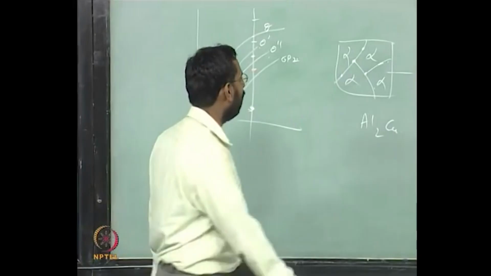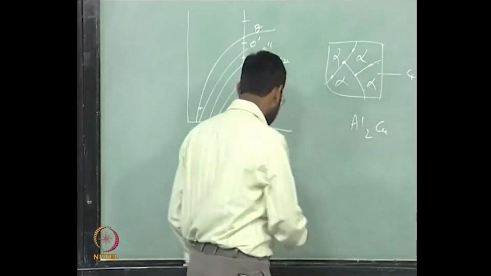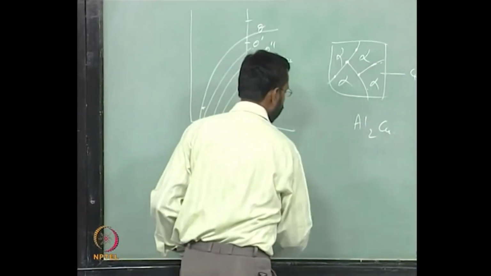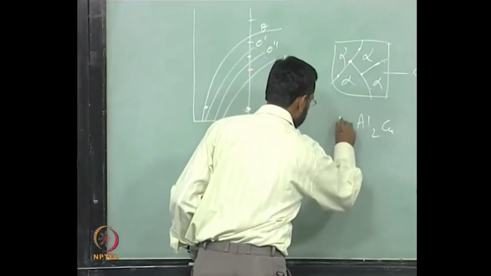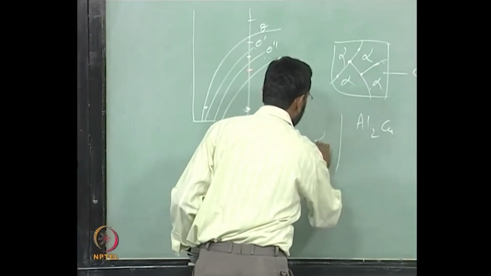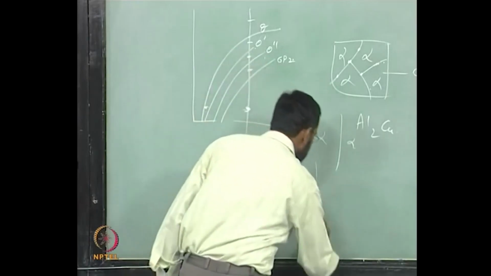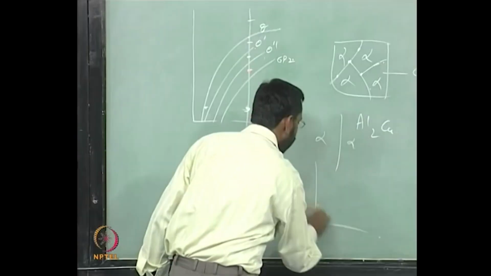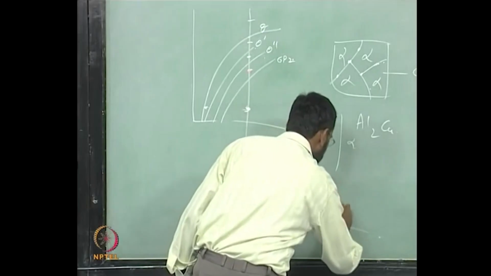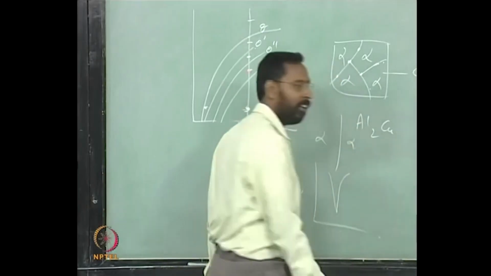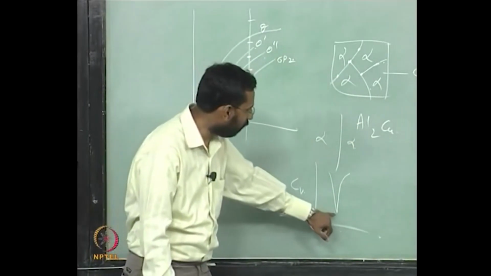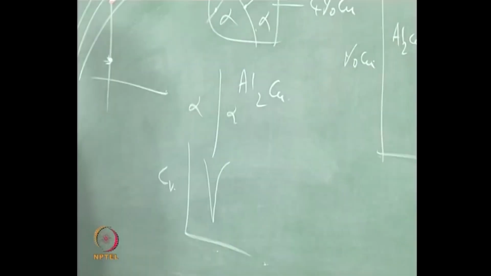If you think there is a grain boundary, so there is alpha and alpha, and you plot the vacancy concentration as a function of distance, you would see this kind of a thing. The vacancy concentration is very low at the grain boundary because it has already migrated to the grain boundary, and within the grains you have it.